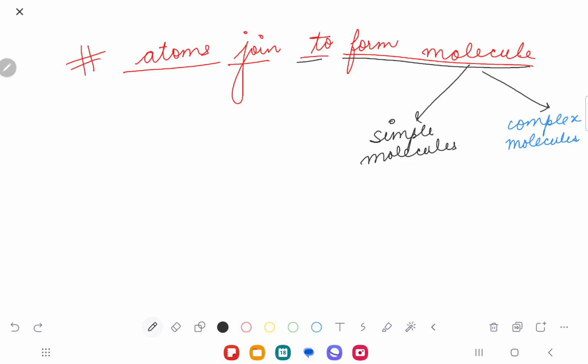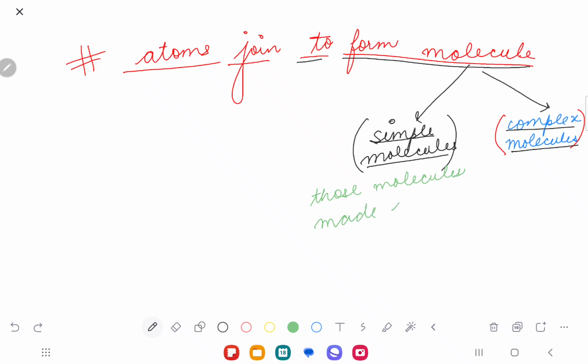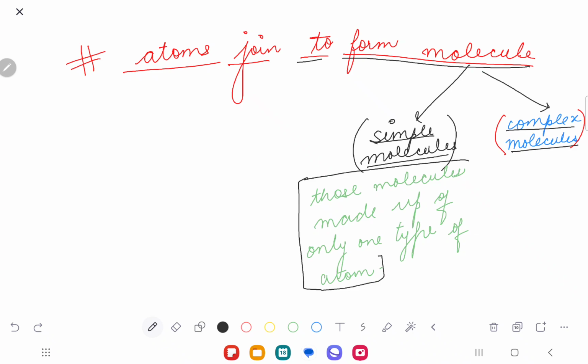When we are talking about simple molecules and complex molecules, what do you think it means? Simple molecules are those molecules made up of only one type of atom.